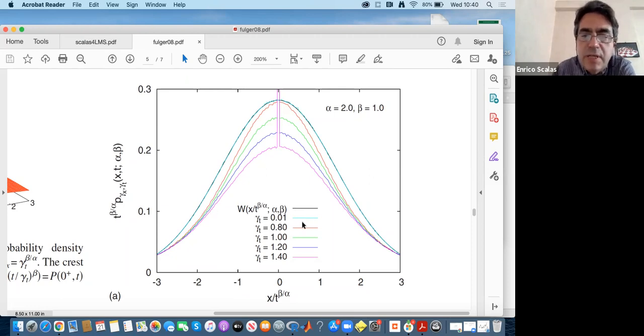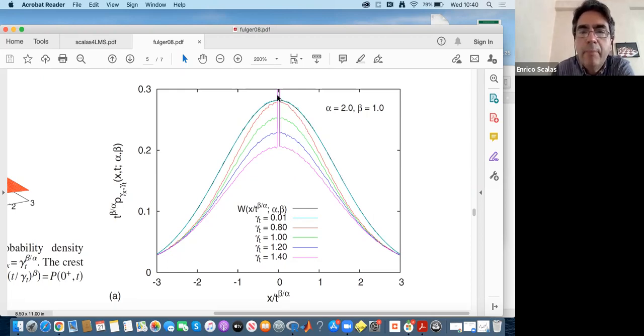And you see that this color here, for which I do not have a name, maybe cyan, is already superimposed on the theoretical solution.